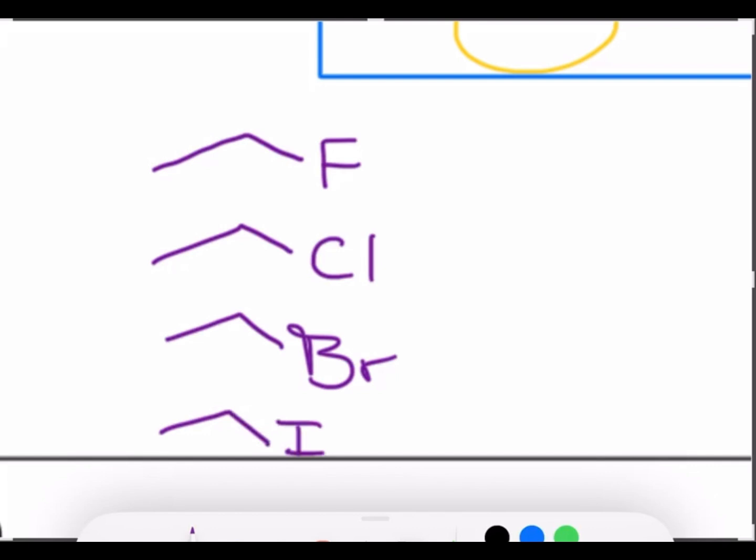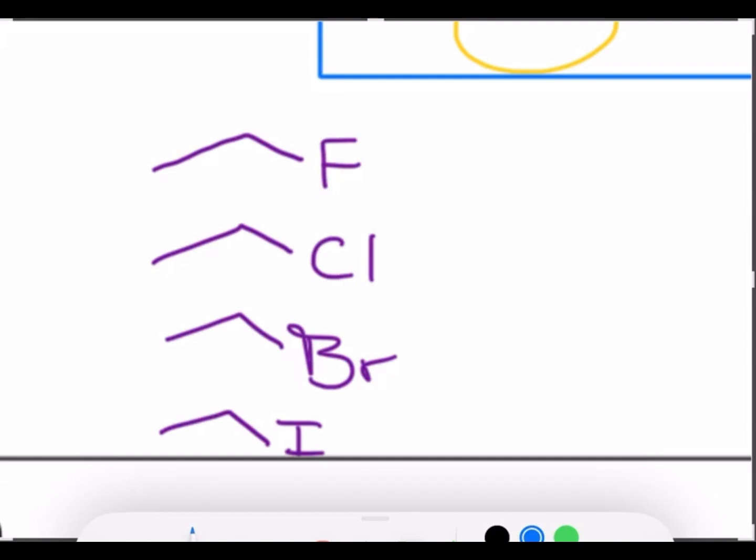I want you guys to think really hard about what you know about these molecules and boiling points, and which one you think is going to have the highest boiling point and which one might have the lowest one. And I'll give you a hint, it's not electronegativity difference. Alright, so now that you have your list, let's go through it.